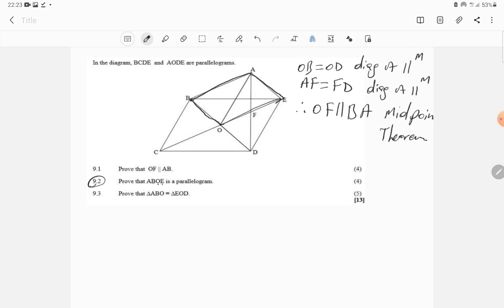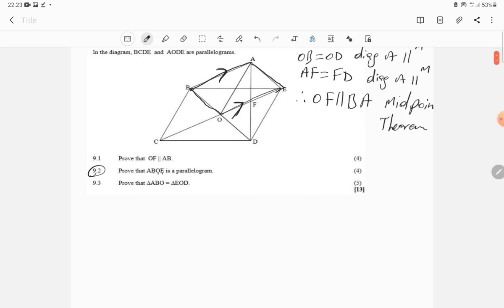The idea is that we have already proven that this side is parallel to this one, so we don't have to lose that information. And of course, it was given from the beginning that this is a parallelogram, which means this side has been parallel to this side from the beginning.